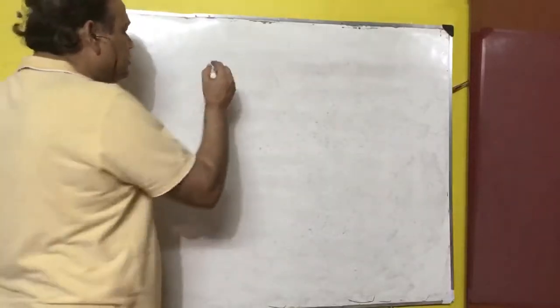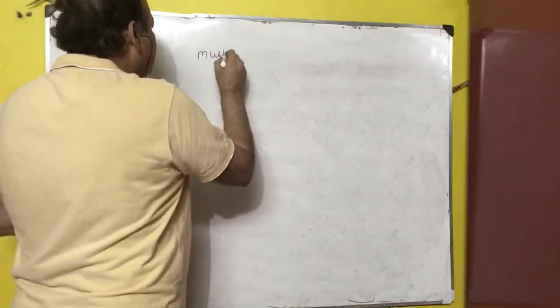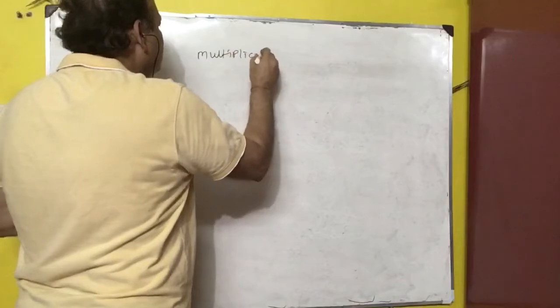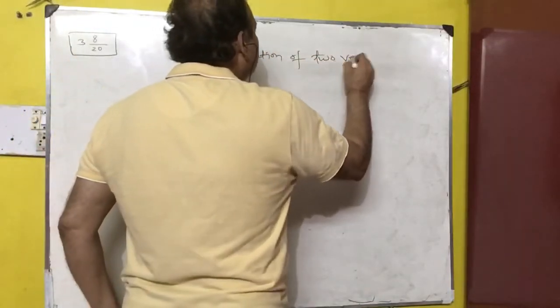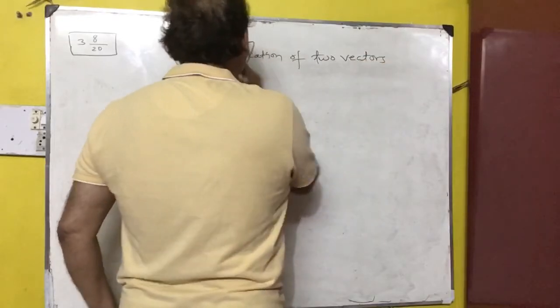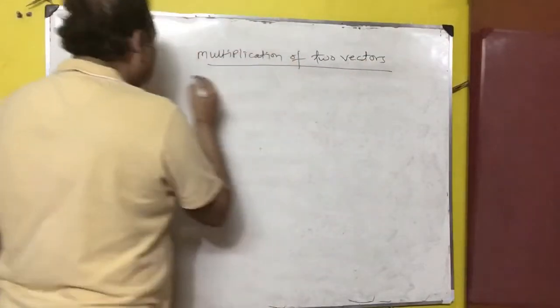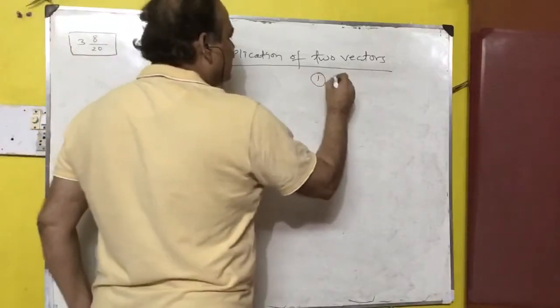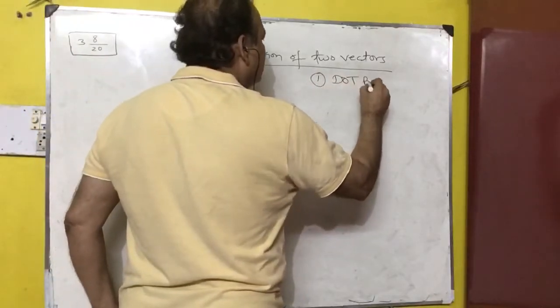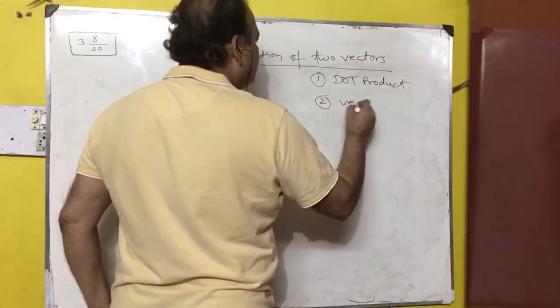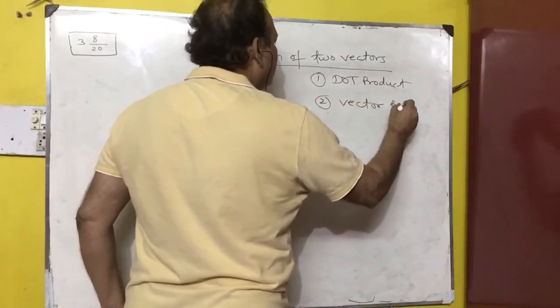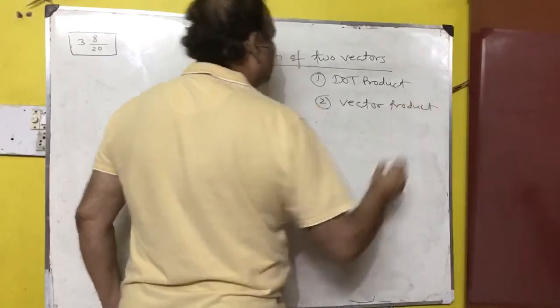What is it, my dear children? Multiplication of two vectors. So multiplication of two vectors is of two types. The one is dot product and the second is vector product.